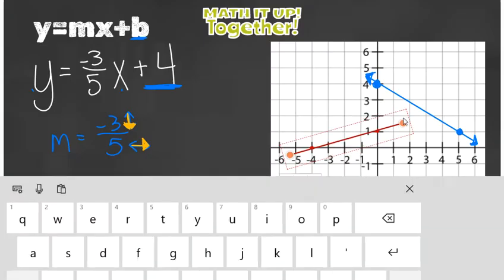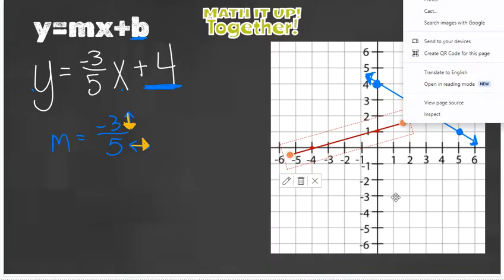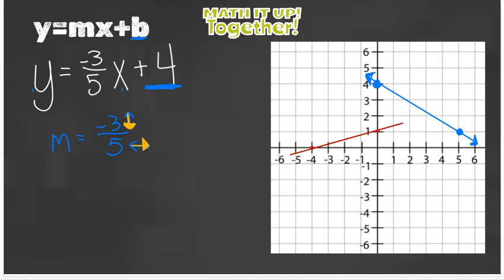All right, let's see, we'll give that some arrows. And let's go ahead and try to figure this out.